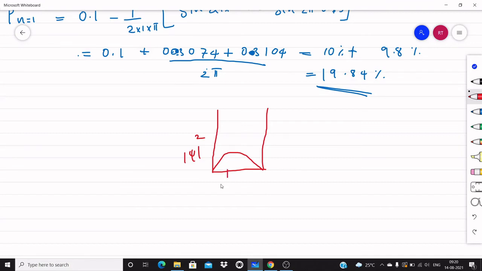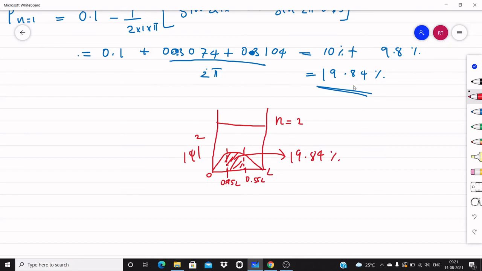So if we give the values 0.45 L, this is 0 to L, 0.45 L to 0.55 L. So between these two lines you will have the probability. So this is what we have obtained as 19.84%.